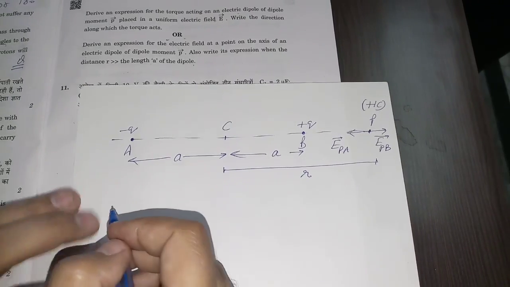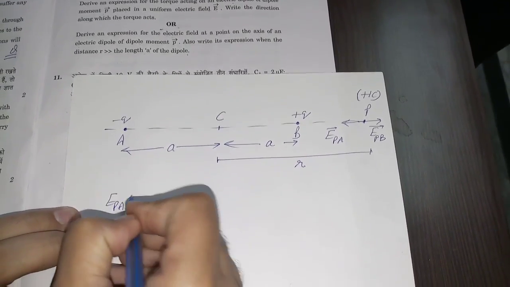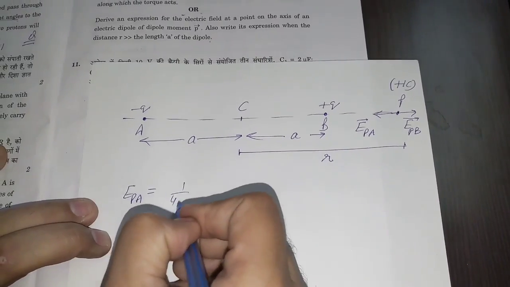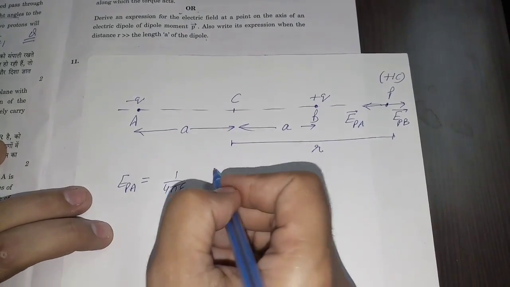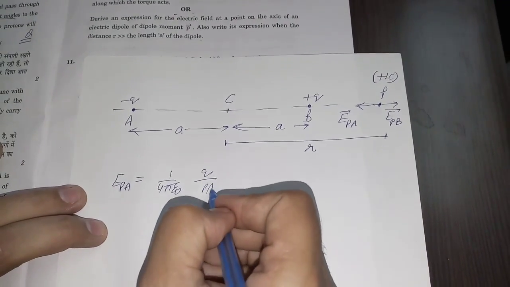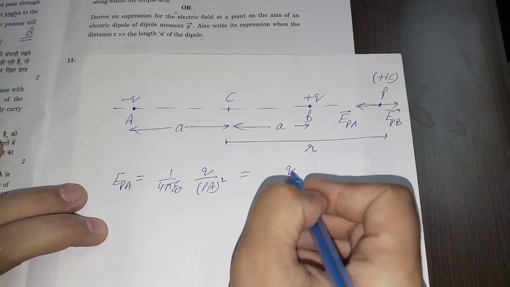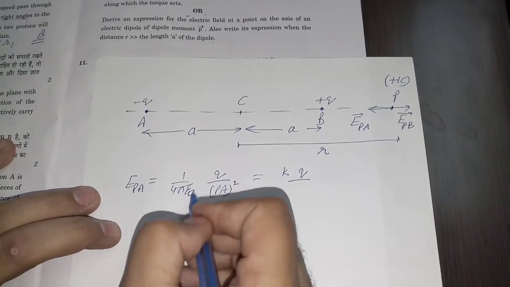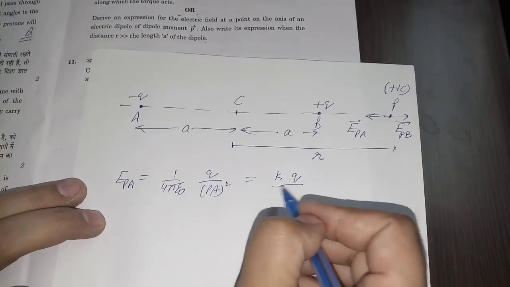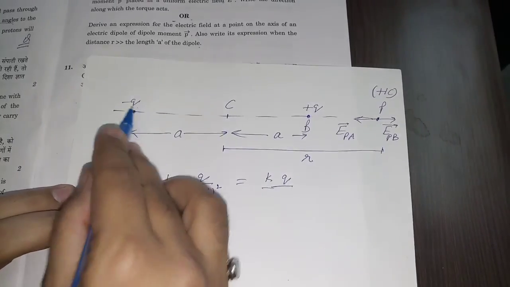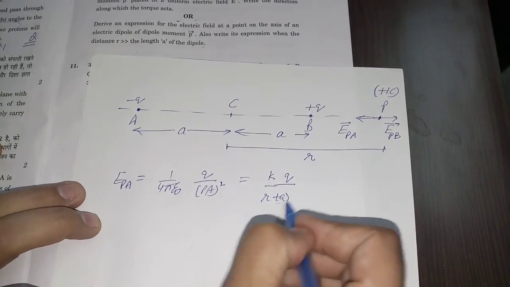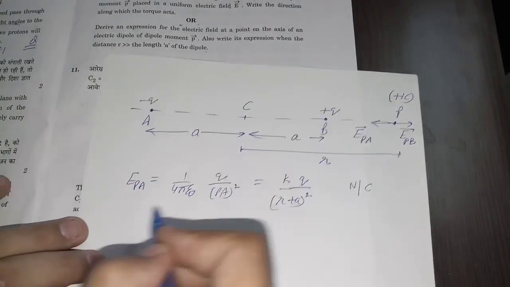Now EPA is 1 by 4 pi epsilon naught Q upon PA square. Let's write 1 upon 4 pi epsilon naught as K, Q upon PA, which is r plus a whole square.